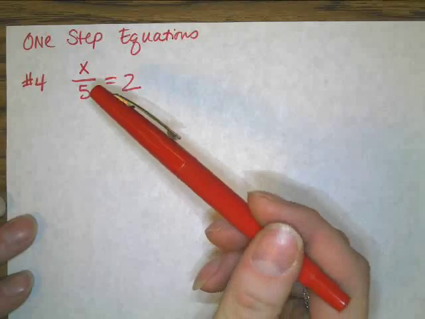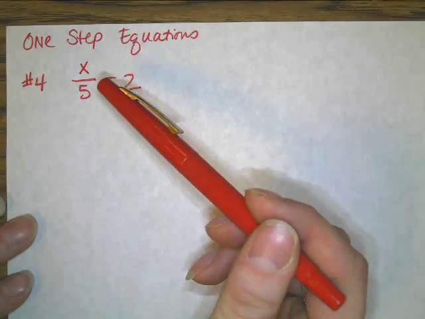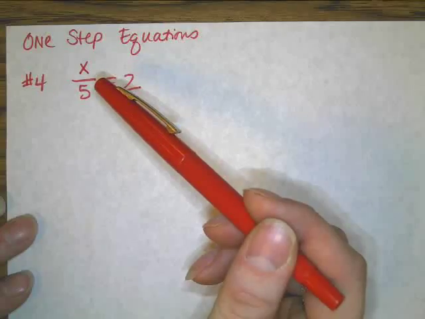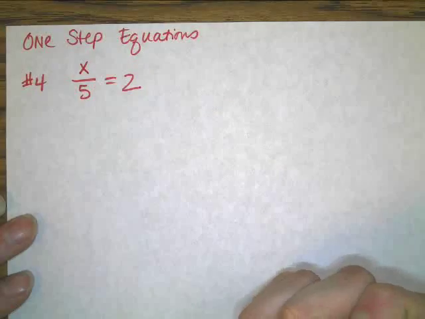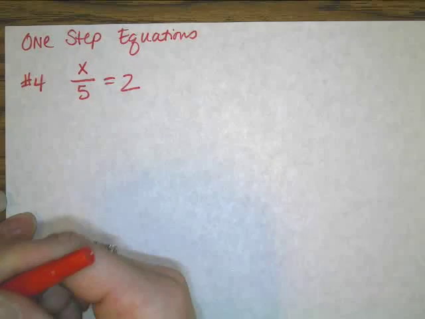To get x by itself, we have to do the opposite of that. So if we were dividing, what is the opposite of division, Cameron? Multiplication, okay?